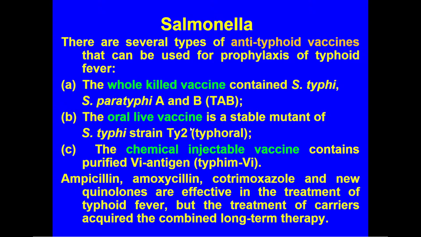This is a stable mutant of Salmonella typhi, and the vaccine is called Typhoral because it is given orally to cause mucosal immunity on the mucous membrane. And also the chemical injectable vaccine made up of the Vi capsule antigen of Salmonella typhi can be used for immunoprophylaxis of this disease.